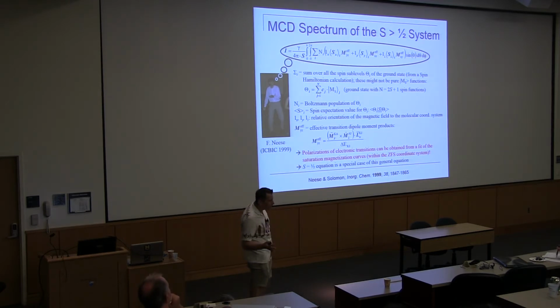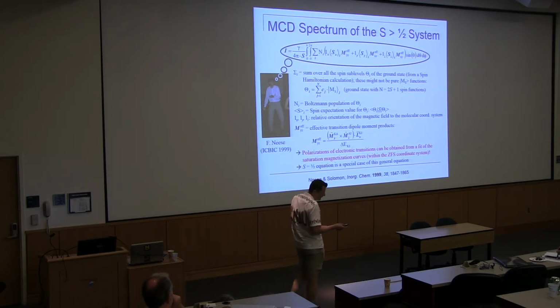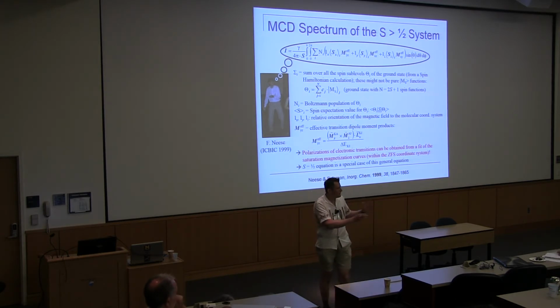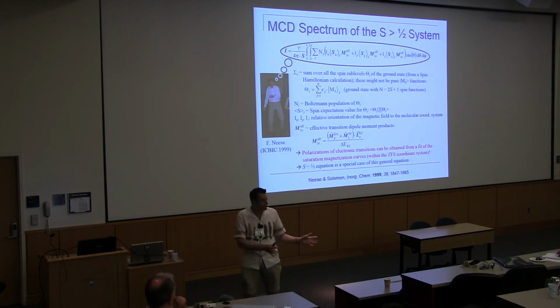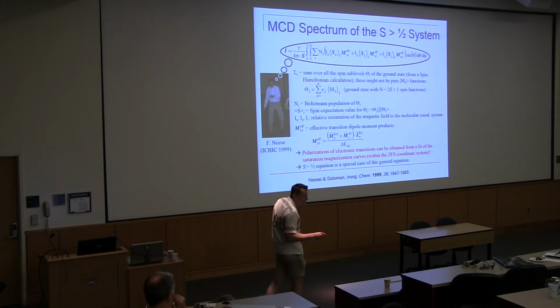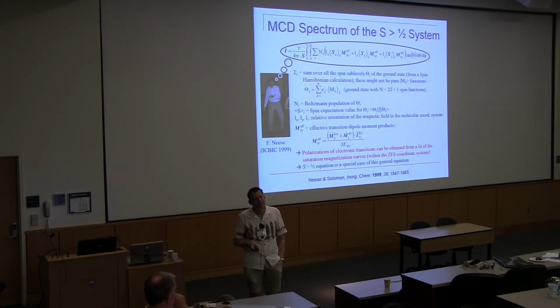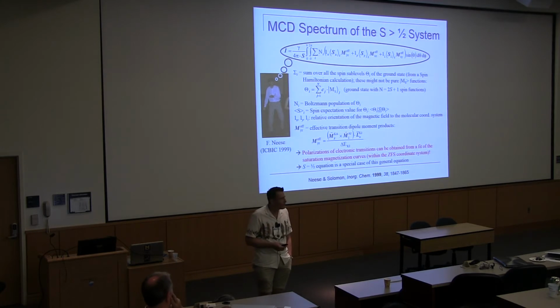So if we know the magnetic properties of the ground state, for example, we did some magnetic susceptibility, some EPR, some other measurements on our compounds, so we know what the D values, E over D, and g values are, we can put all this in, and then from the simulation, we can actually extract the polarizations of the electronic transitions, how they are polarized in our molecular framework. And that allows us to really help in assigning optical transitions.